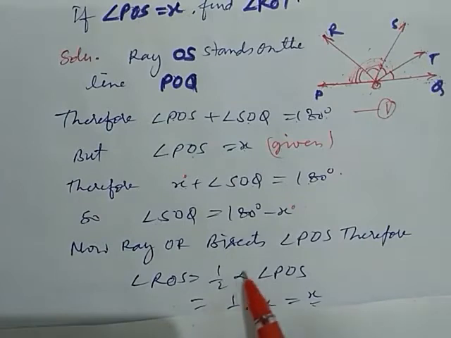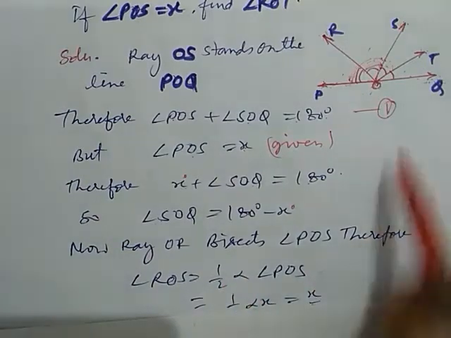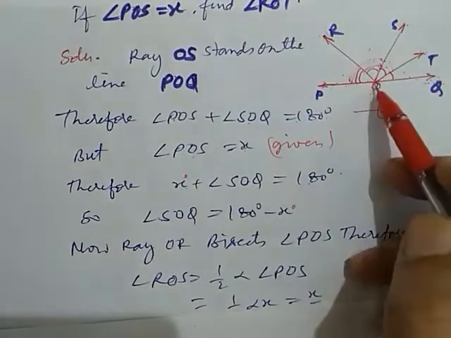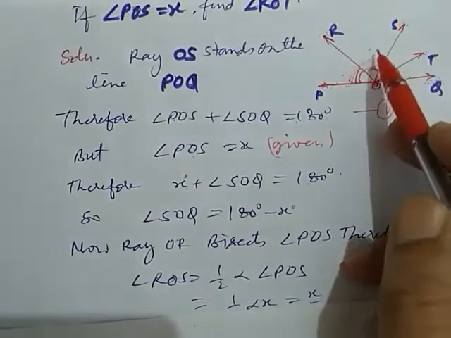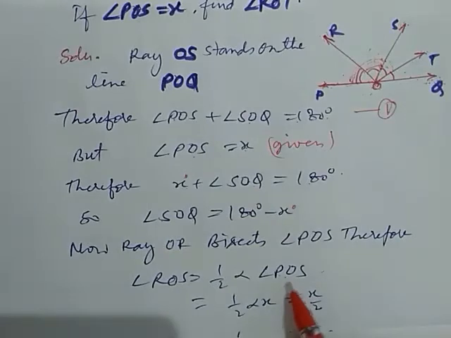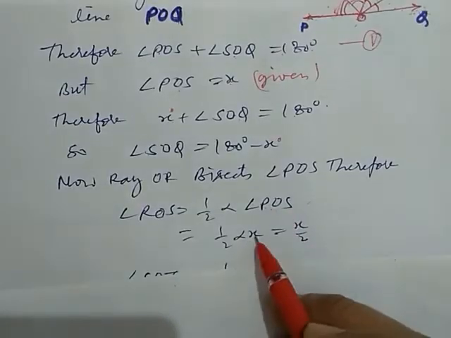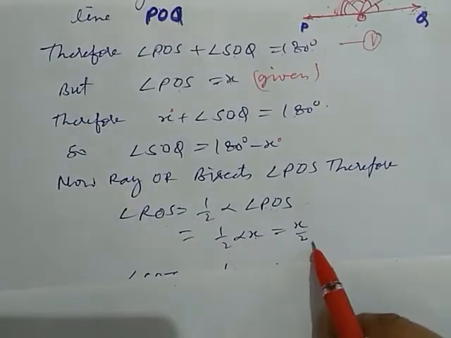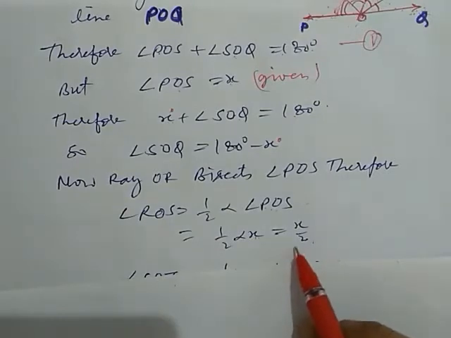So ROS equals half of angle POS. Now we put the value of POS as x, so this becomes x by 2. So angle ROS becomes x by 2.